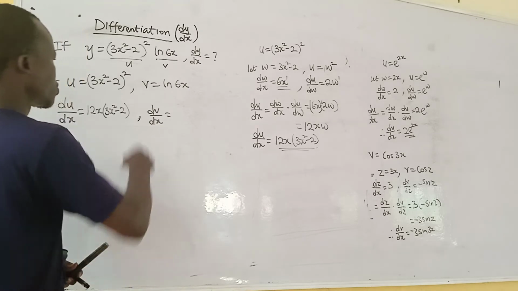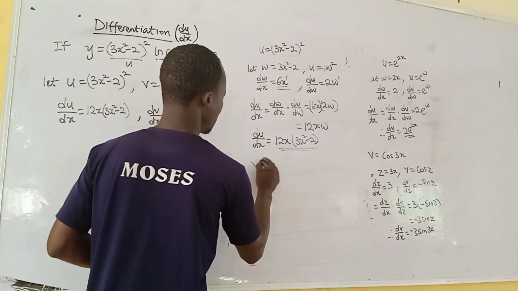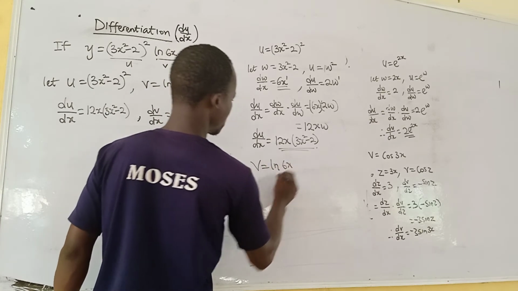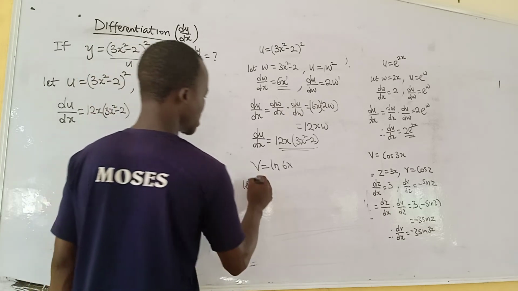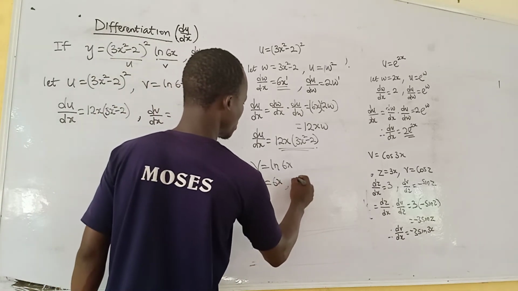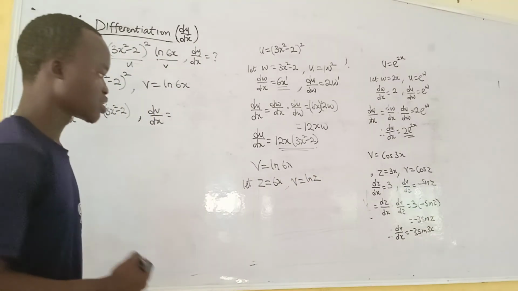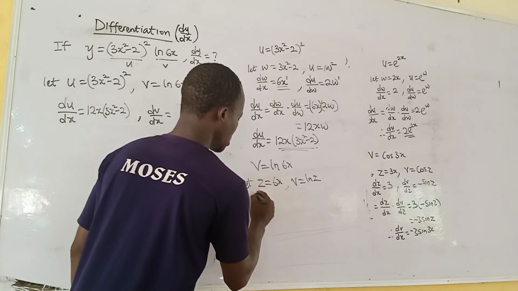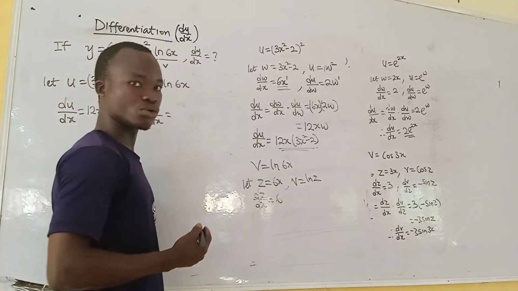The next one is differentiating v with respect to x. Don't forget that v is ln 6x. So let's choose z to be our variable now. Let z be equal to 6x, so that v will be equal to ln z. Do you get? Differentiate z with respect to x. dz/dx will give us 6 using the polynomial rule.